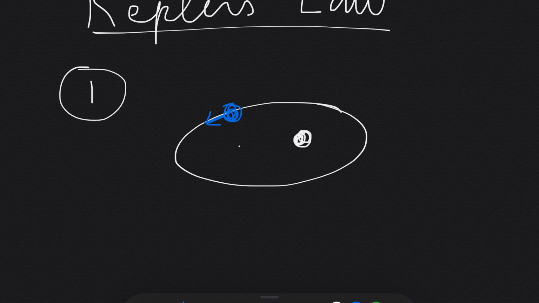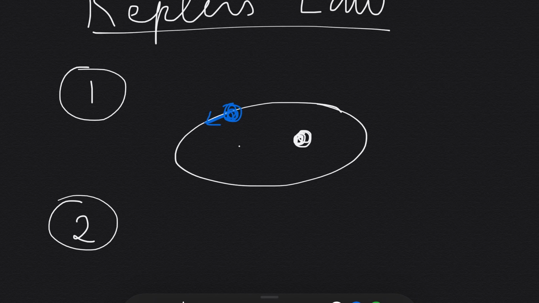So that's our Earth, and it's just going around in this elliptical orbit. So that's Kepler's first law. And this was a big deal because people at that time thought that all the planetary orbits were actually circles. And so when he found that it was an ellipse, it was unbelievable, but all the calculations started making sense. So it was an interesting time.